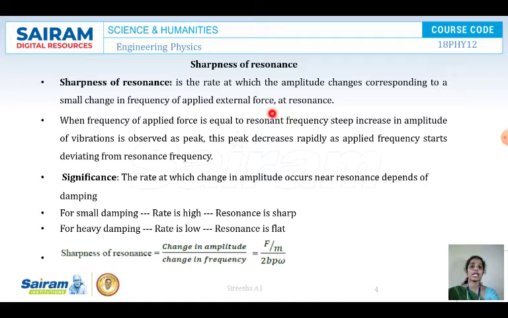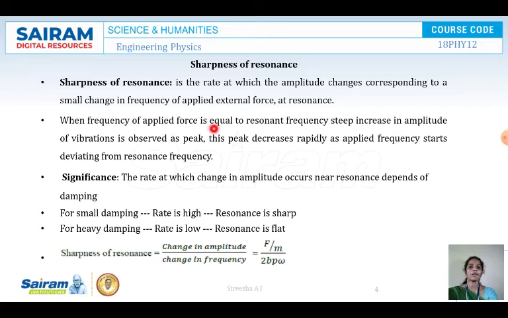That is, at resonance, that is 93.5, if there is a small change in the frequency, 93.2 or 93.8, what will be the amplitude changes? It is the rate at which the amplitude changes corresponding to the small change in the frequency of the external applied force at resonance. This is called the sharpness of resonance.